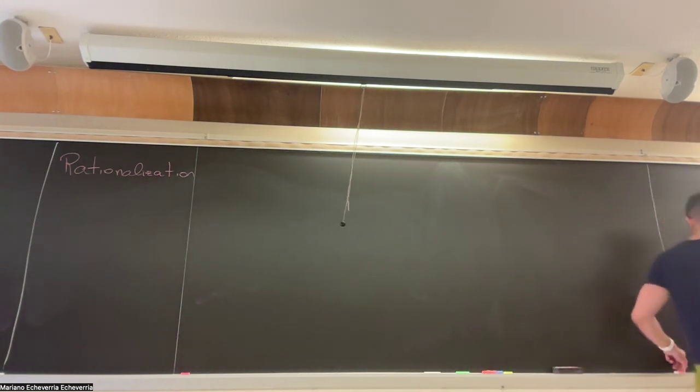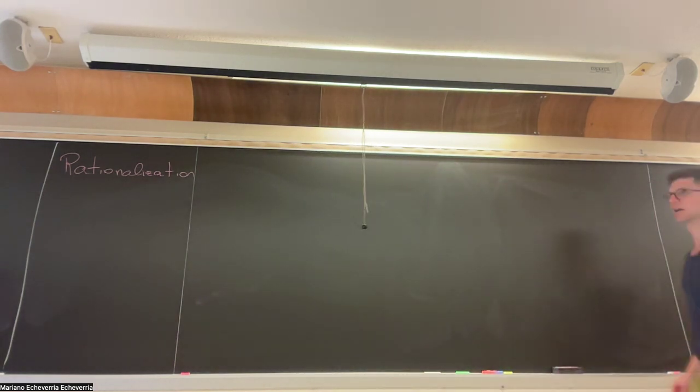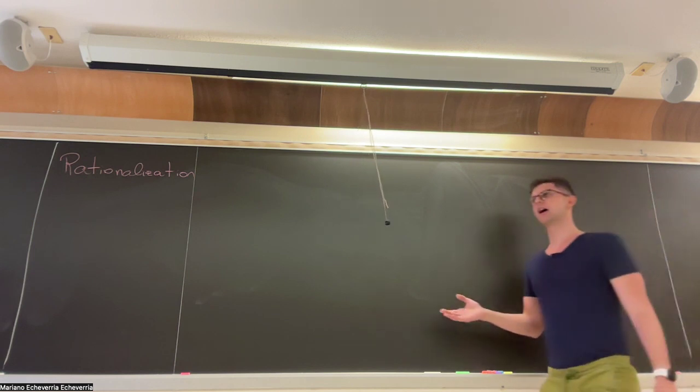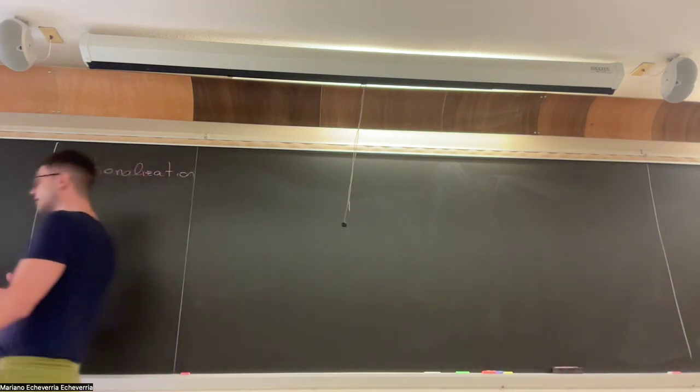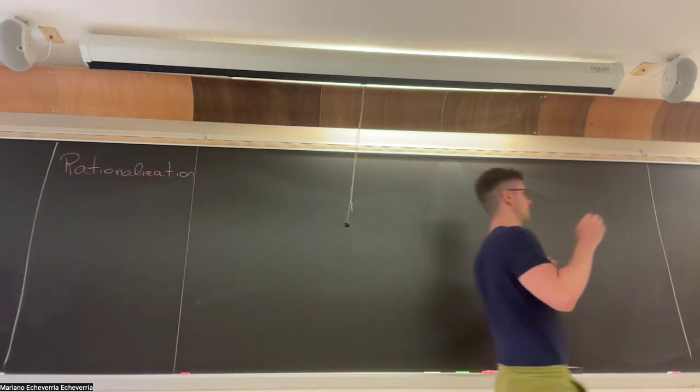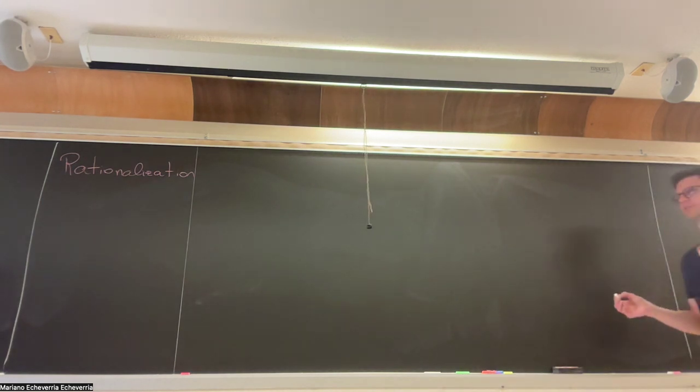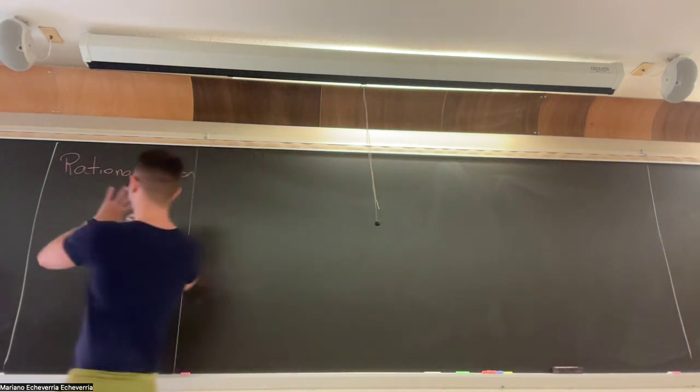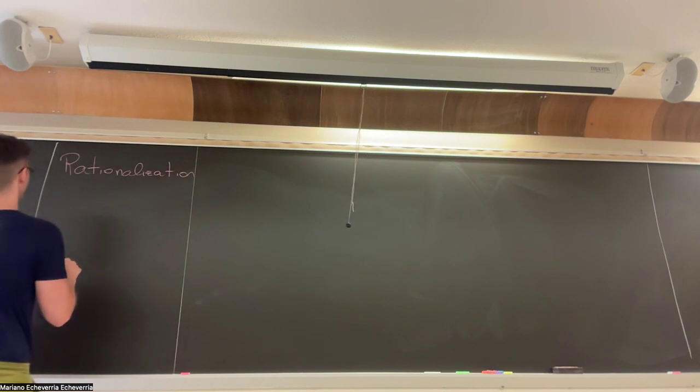So the idea of rationalization is how to rewrite a fraction that has one term, either the numerator or the denominator, involving a combination of square roots. So let me make this a little more concrete.